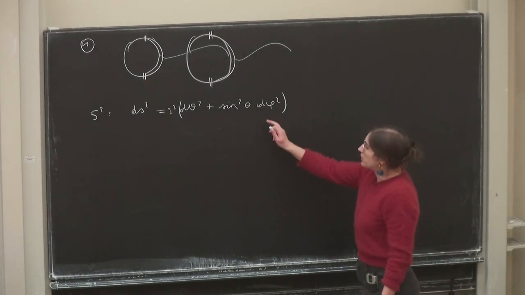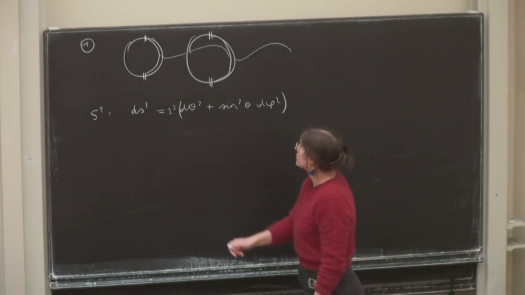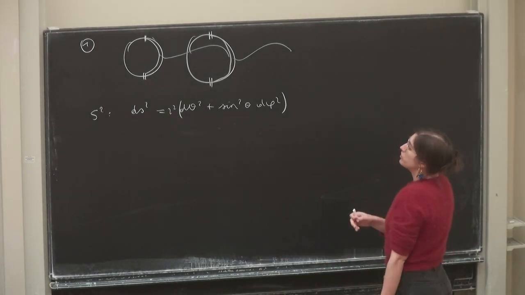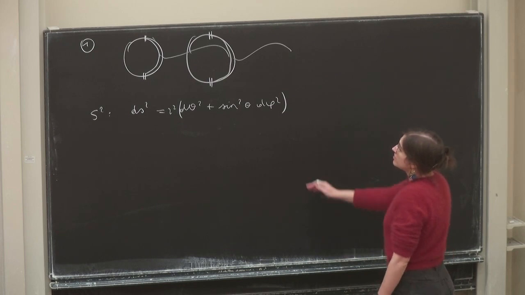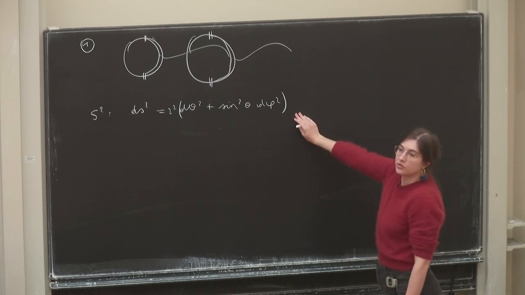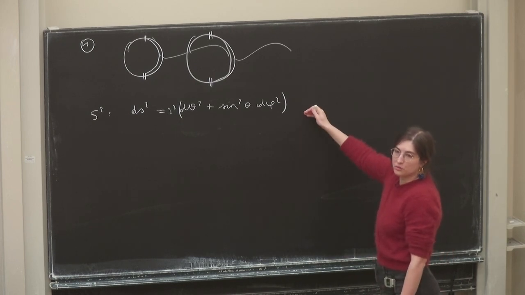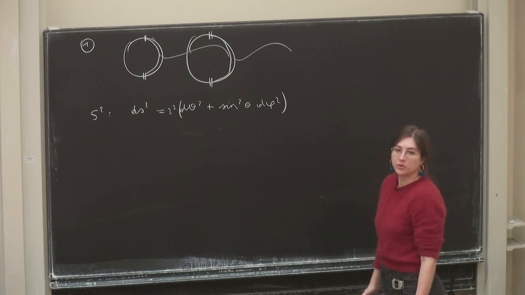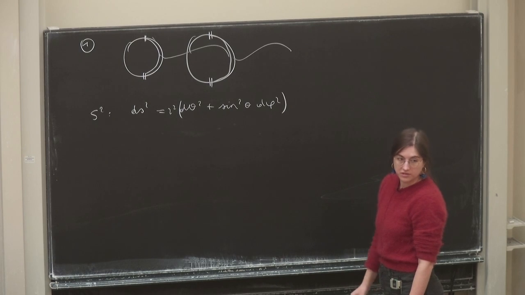The point is to remember, so R is a constant radius, that this is not enough information to explain to me what the sphere is. You also have to add the range of the coordinates.